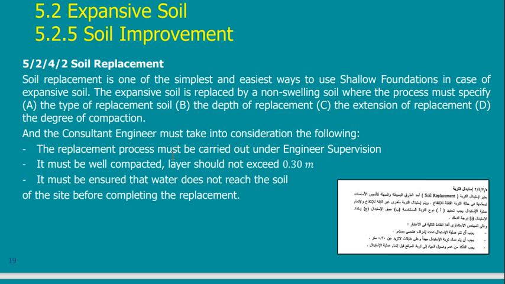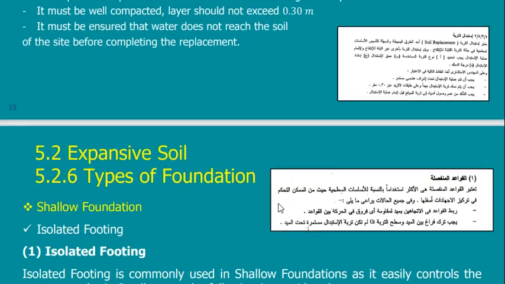If I remove the expansive soil and bring good soil and just dump it in place, then this dumped soil with time will settle and will induce lots of problems to the structure. So I have to put very well compacted soil. I should put this new soil in layers. Each layer should not exceed 30 centimeters, compact each layer, and so on until I have replaced the full height required to be replaced.